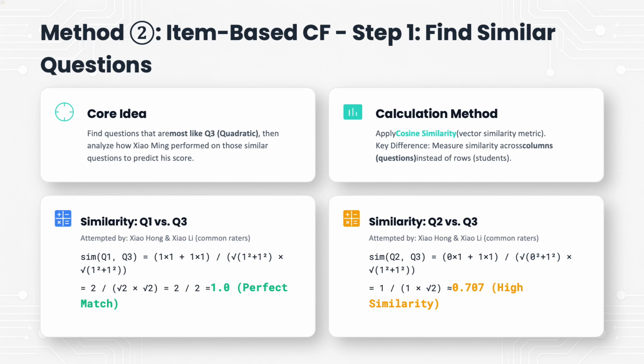Let's find the similarity between our target question Q3 and the questions Xiaoming has already answered, Q1 and Q2. Calculating the similarity between Q1 and Q3 gives us a perfect score of 1.0. The similarity between Q2 and Q3 is approximately 0.707. This means Q1 is considered identical in pattern to Q3 based on the data we have.